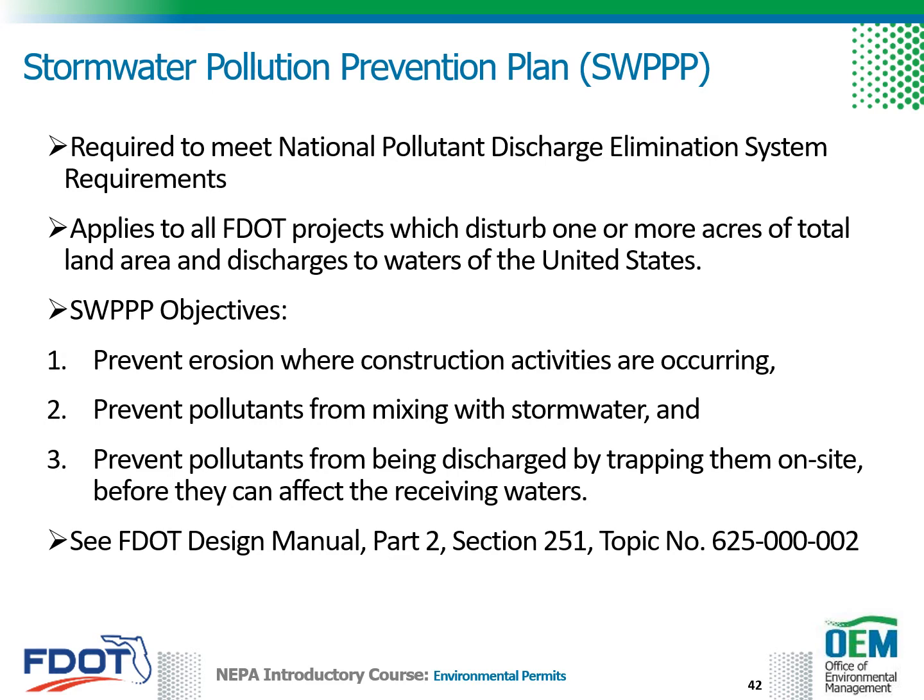The objective of the Stormwater Pollution Prevention Plan is to prevent erosion where construction activities are occurring, prevent pollutants from mixing with stormwater, and prevent pollutants from being discharged by trapping them on site before they can affect the receiving waters. To learn more, see Part 2, Section 251 of the FDOT Design Manual.